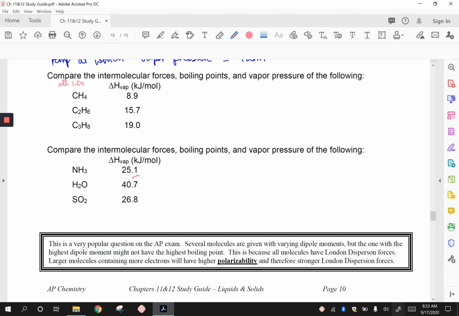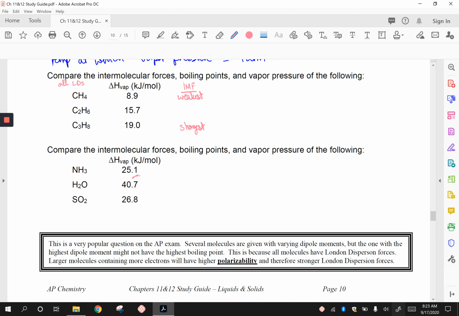So in terms of intermolecular forces, because they're all LDFs, these are going to be the strongest. This is going to be the weakest, and that's kind of in the middle. Weakest intermolecular forces, strongest intermolecular forces.